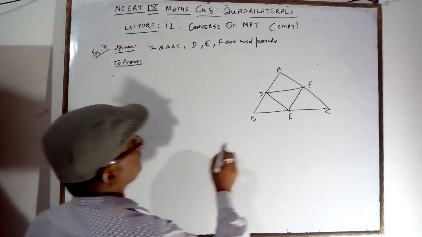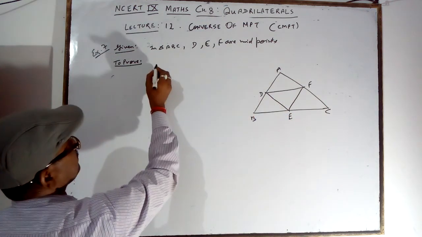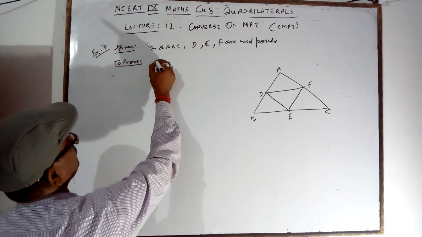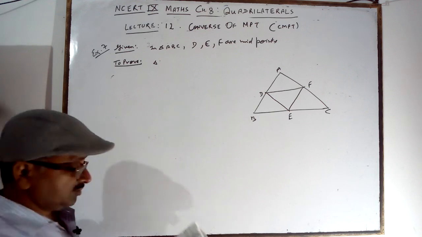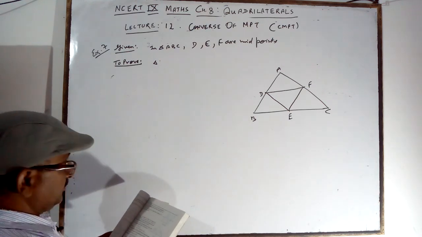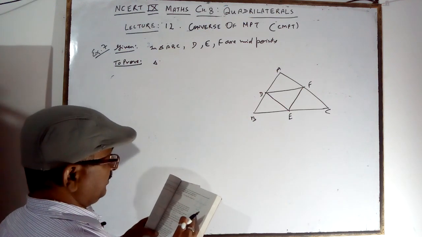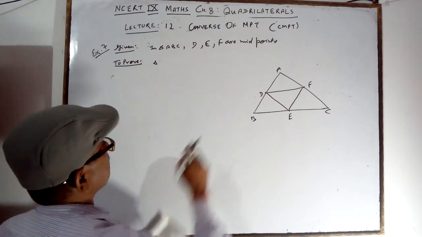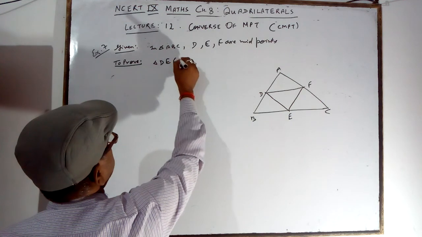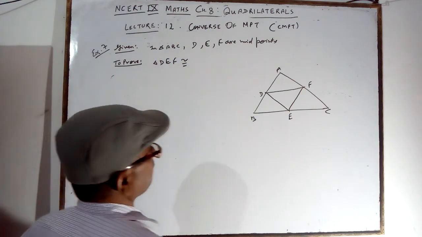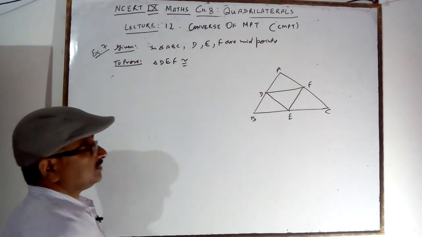First you find out EF is parallel to AB. In triangle DEF, you want to prove triangle DEF is congruent to triangle BDE or any one of the other three triangles, all congruent to each other.